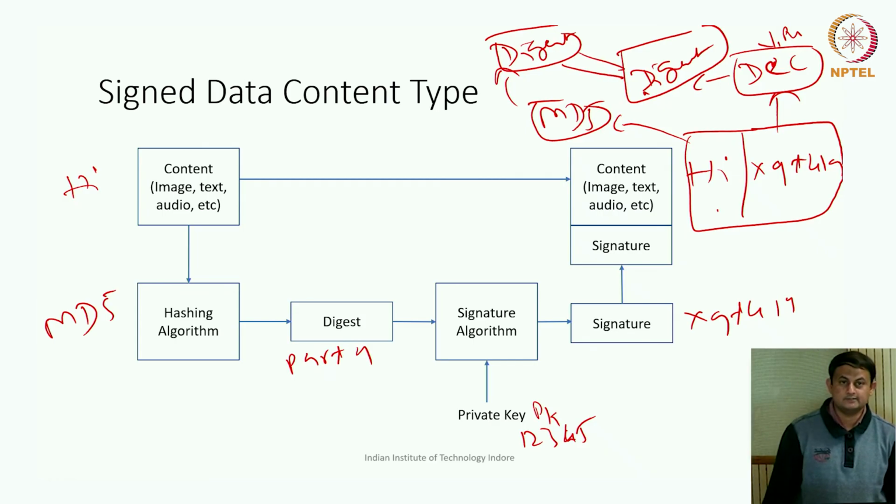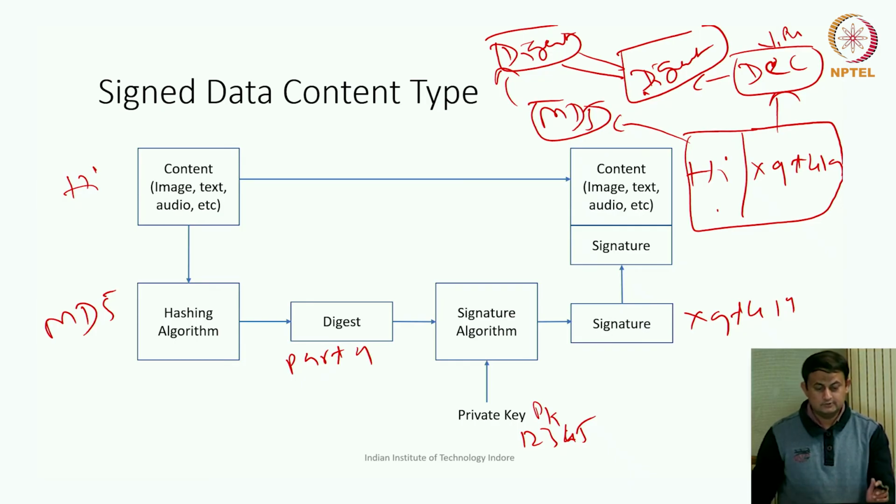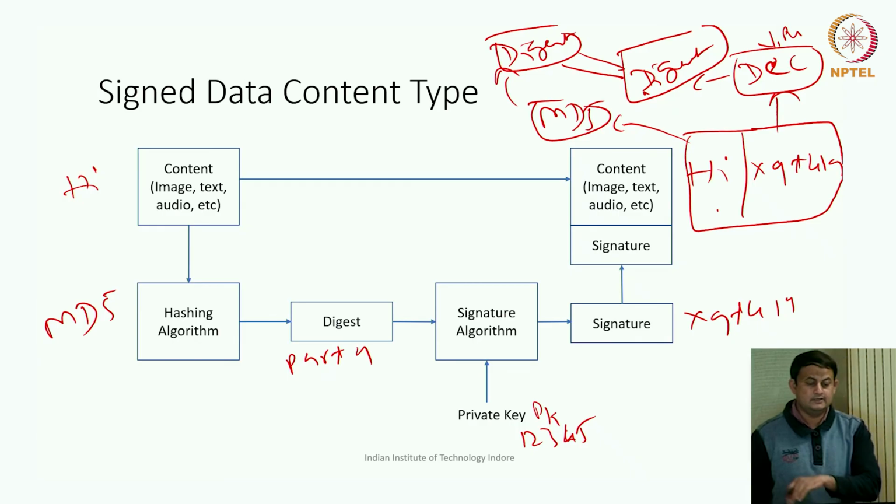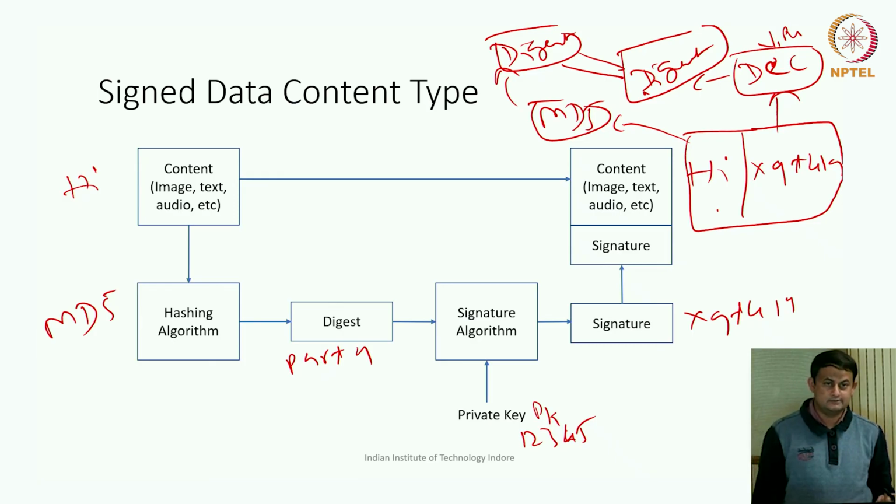If these two match, then you say that the email content itself is not modified, and since the digest itself is encrypted using the private key, and I am able to decrypt that using the public key of the sender, it gives you the authenticity that the content itself is not modified in transit. In addition to that, I am also able to verify who the sender is.